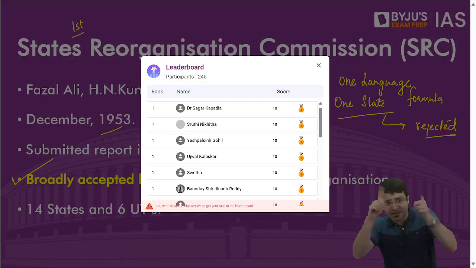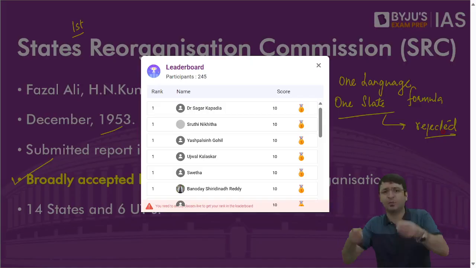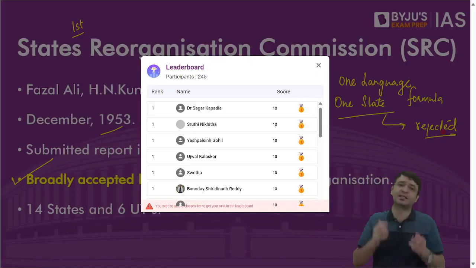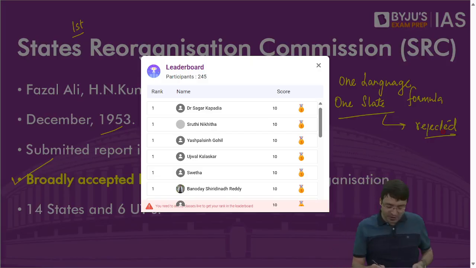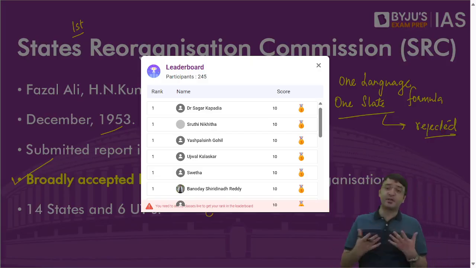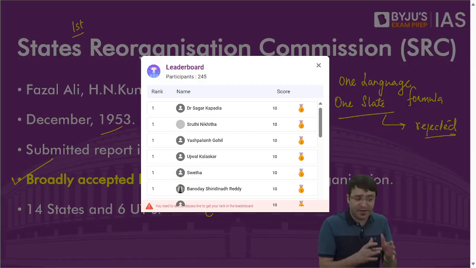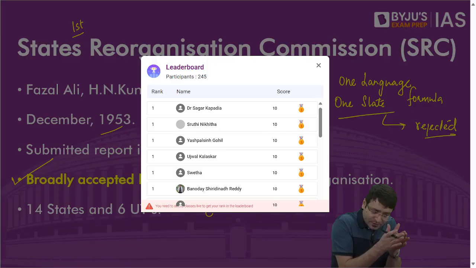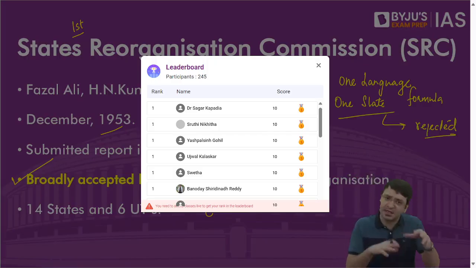That would make this state such a big state that it becomes difficult, impossible to govern and administer. So we should be creating states on the basis of administrative convenience. Yes, create states in the name of language, but we can have 3 states speaking the same language. We can have 5 states speaking the same language. One language, one state, this formula is rejected, but yes, language can be the basis of reorganization.